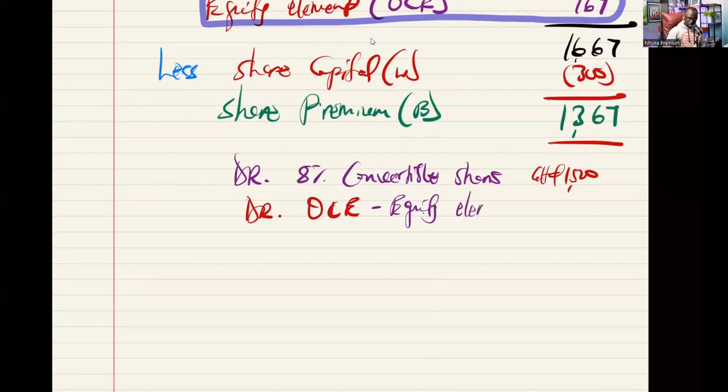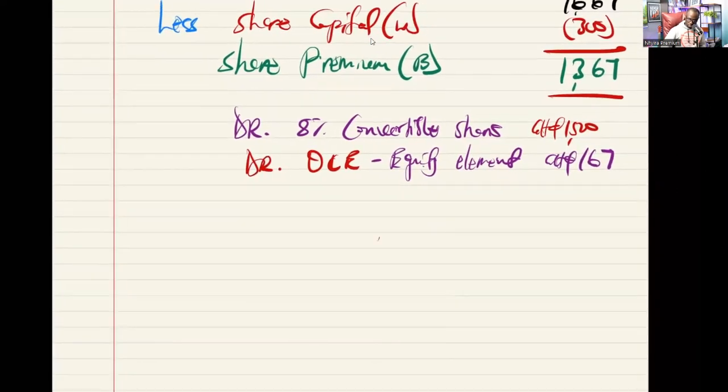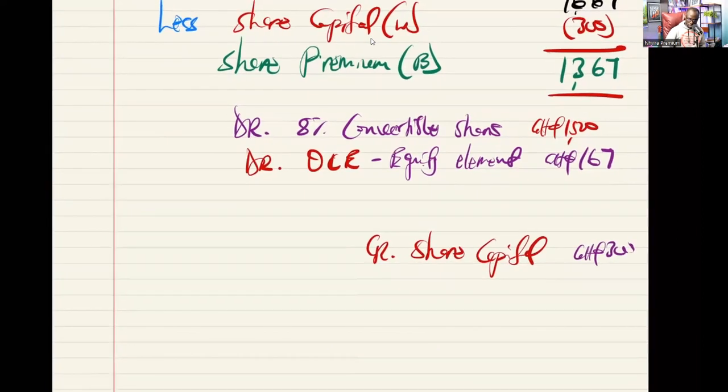Then we credit share capital with a nominal value, 300 Ghana cedi. Then the balancing figure from this is what we are crediting to the share premium, being the profit from the issue, 1,367.